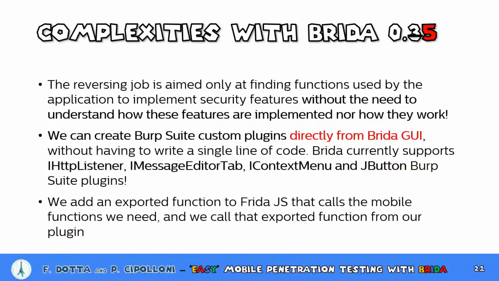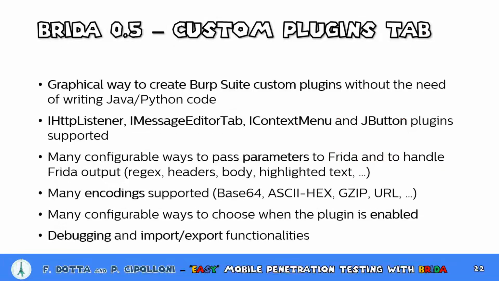We can write four different types of plugin: HTTP listener, message editor tab, context menu, and JButton, directly from the Brida GUI. I think these kinds of plugins are known to anyone who has already coded a Burp Suite plugin, but we will show and explain them during the demo.